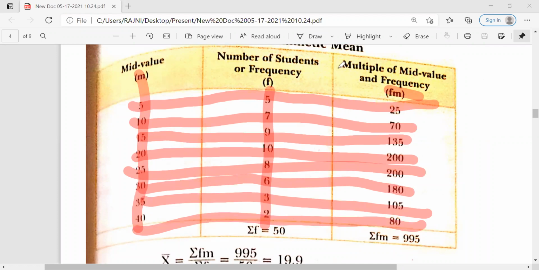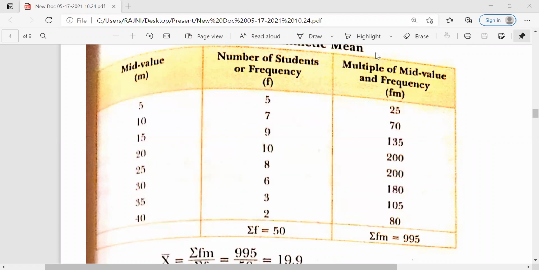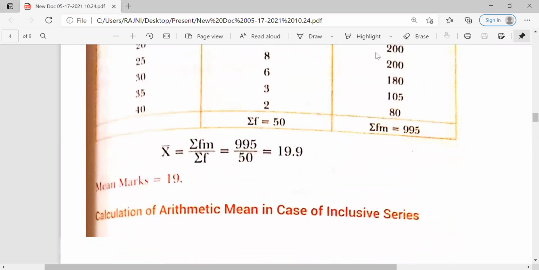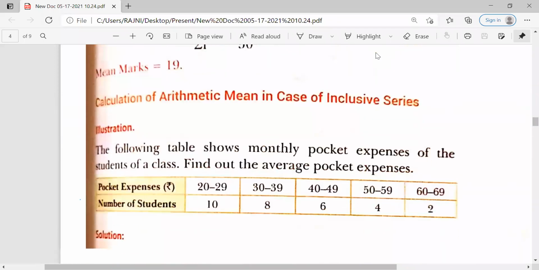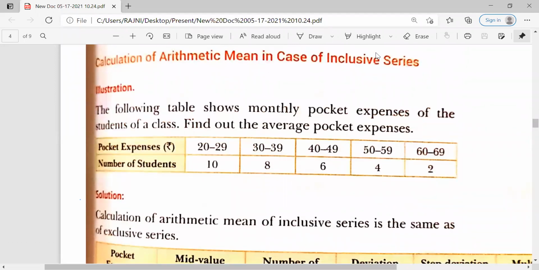Sum of fm is 995 and sum of f is 50. Simply we put it into the formula: sum of fm divided by sum of f is 995 divided by 50, which equals 19.9.